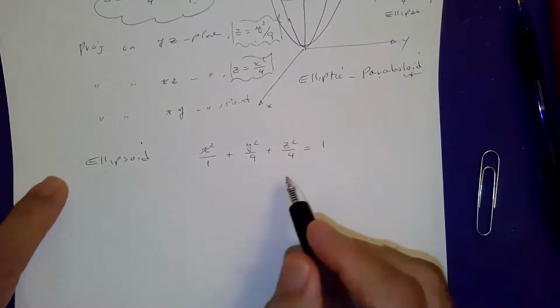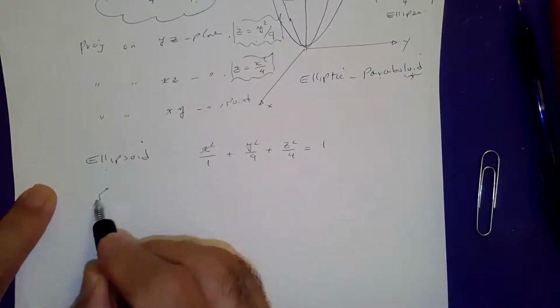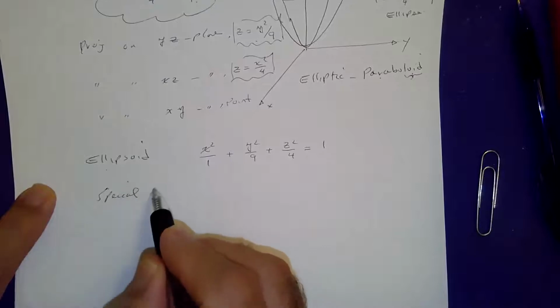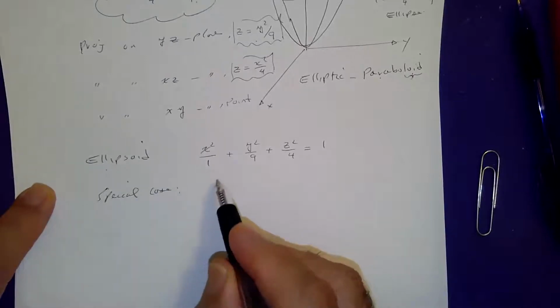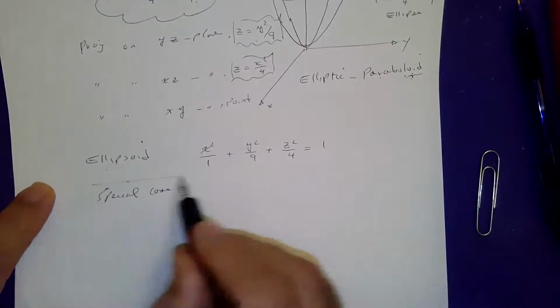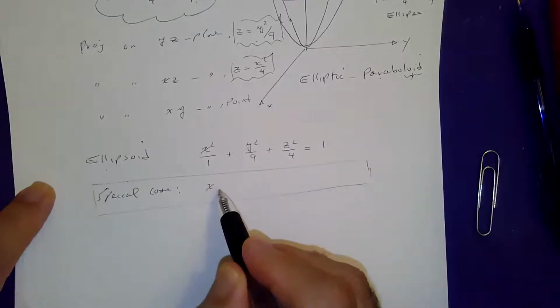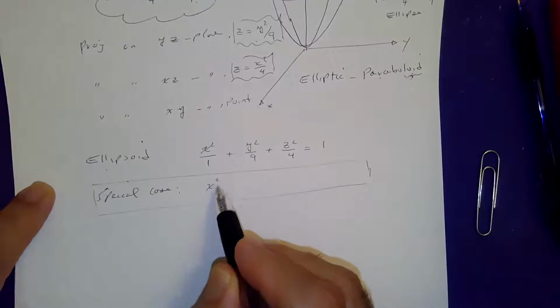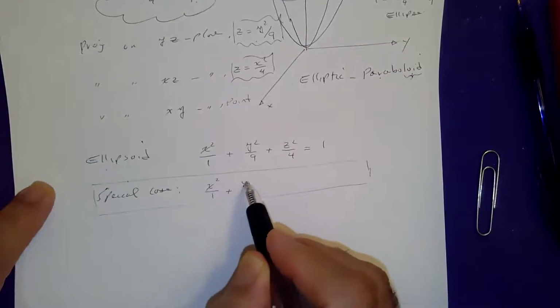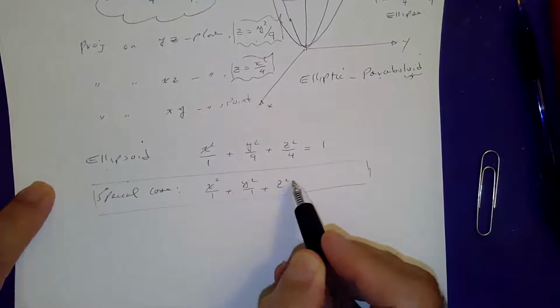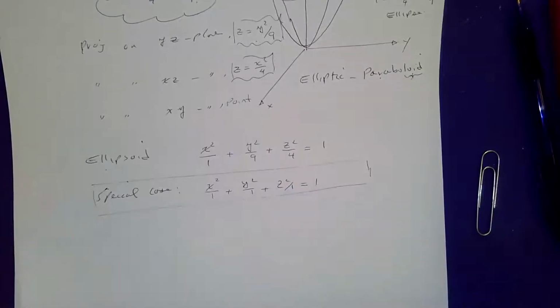If the denominators were equal, a special case, what would you say the name of the graph would be? Suppose the special case of that equation is when the denominators are identical, let's say they're all equal to 1. What is that equal to? Does anyone recognize that? Is that a sphere?